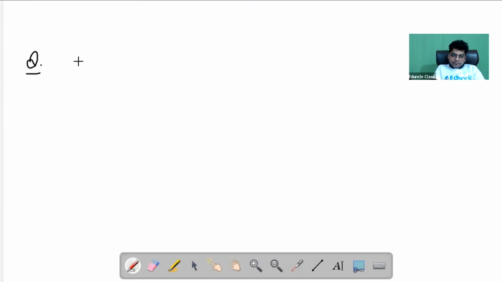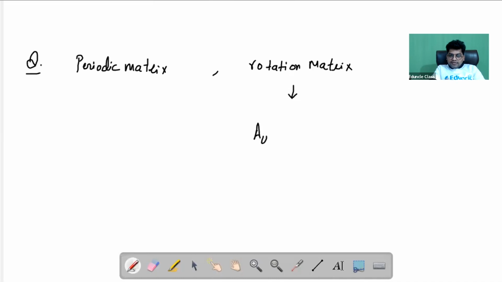One question. You know idempotent matrix? You know rotation matrix. We have discussed theta, I think we have already discussed this thing.